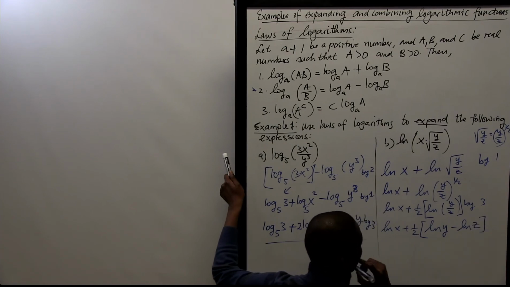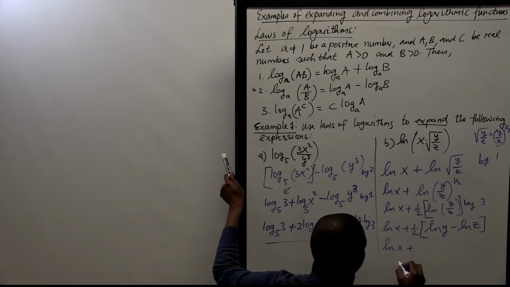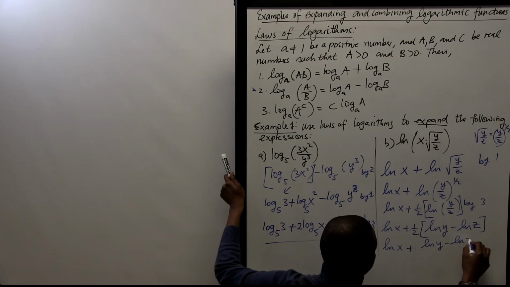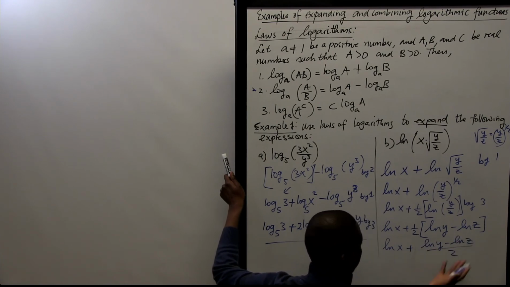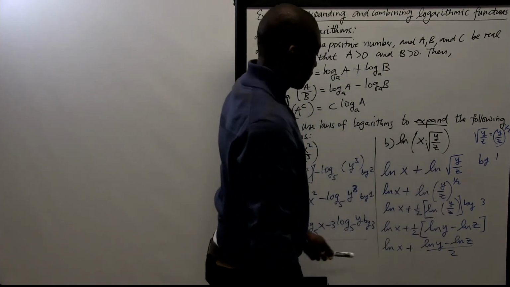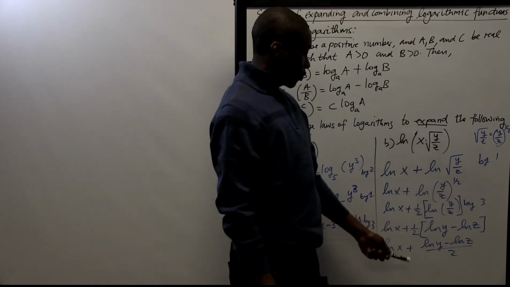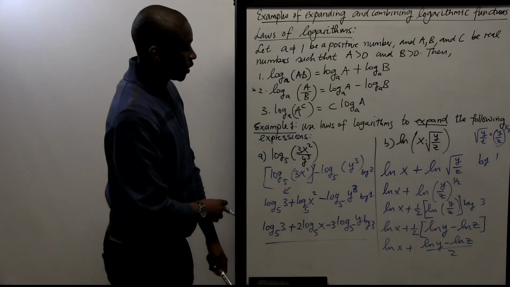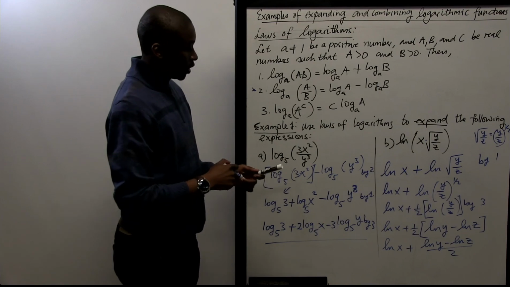So this is what we end up having, and that's basically your answer. You can also write this as ln x plus ln y minus ln z over 2. It's still the same thing, since dividing by 2 is the same thing as multiplying by 1/2, and that's basically it as far as this example is concerned.